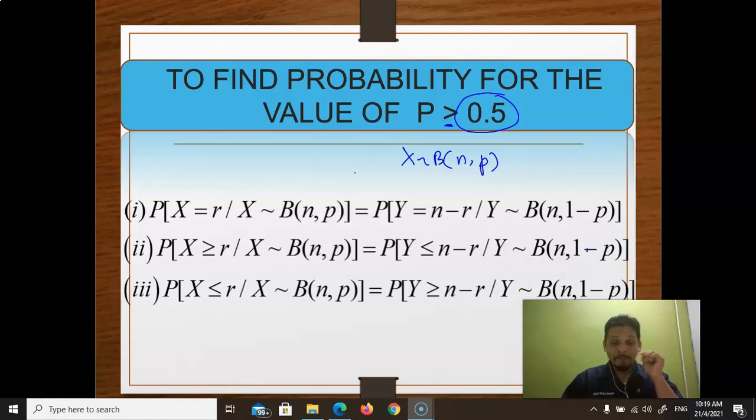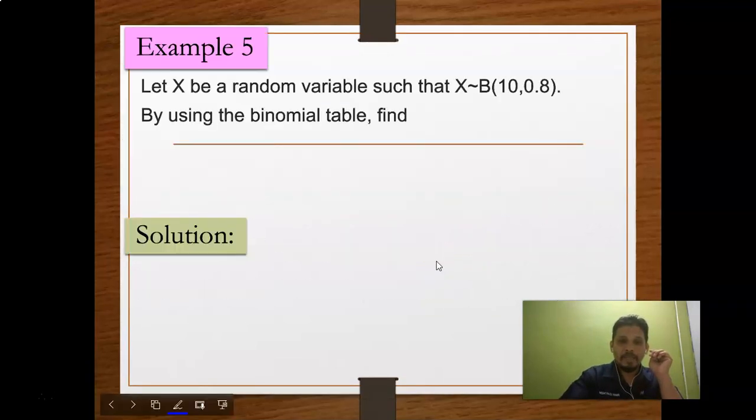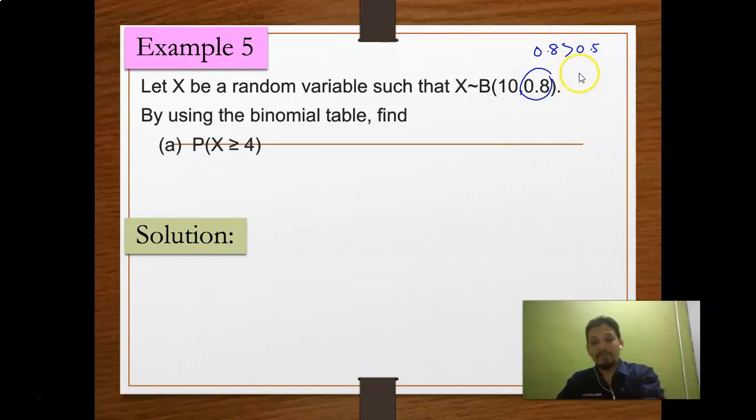Let's see how we use the notes. Let x be a random variable binomially distributed with n, the number of trials, equal to 10 and p equal to 0.8, where 0.8 is greater than 0.5.